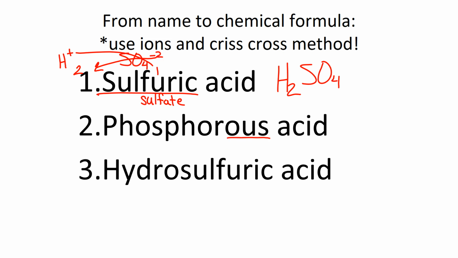So ous should be... ous and ite are connected. So what's the formula for phosphite? So I have an H plus and PO3 -3.